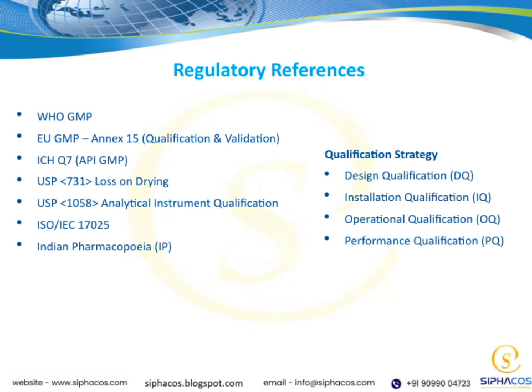The Indian Pharmacopoeia, or IP, provides locally recognized standards for pharmaceuticals in India. Connecting all these points, our qualification strategy is designed to ensure compliance with international and regional standards, ultimately supporting the quality, safety, and efficacy of our products. This comprehensive approach is essential to meet regulatory expectations and maintain our commitment to high-quality manufacturing.